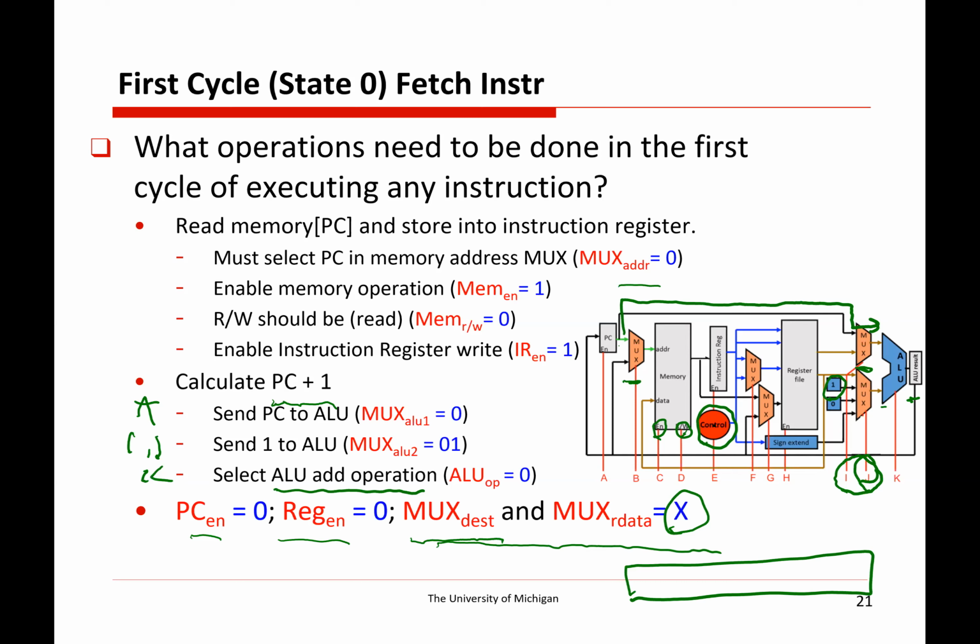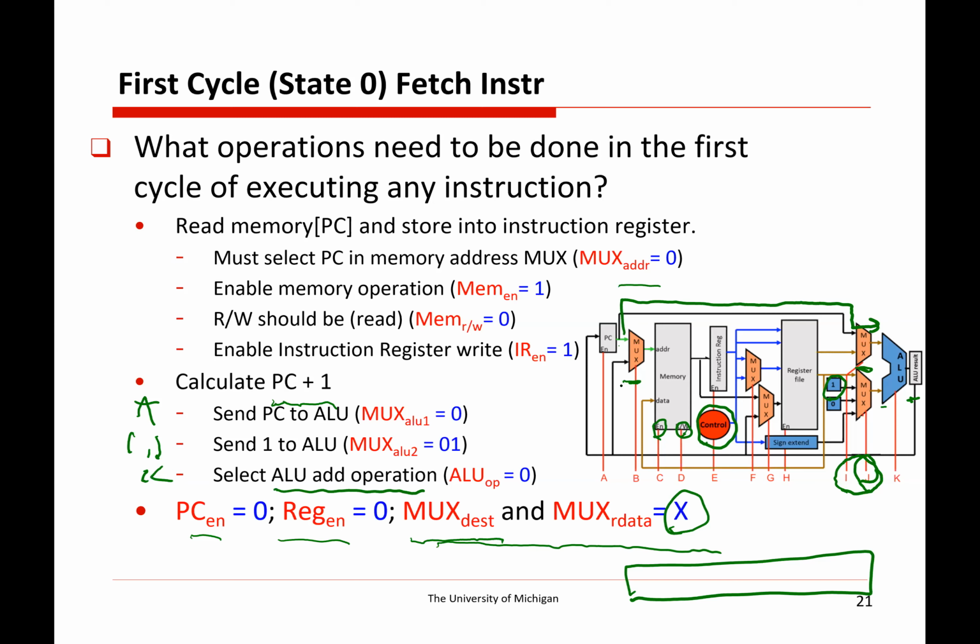So control is just the control ROM, and anytime I have red signals, those are somehow getting connected from the control ROM. Again, I'm making a lot of simplifications here just so we don't have wires going all over the circuit, which is actually what would be happening in a real circuit. You've got all these multiple dimensions of wires running around. I'll try and use color coding to make that a little easier to read through.